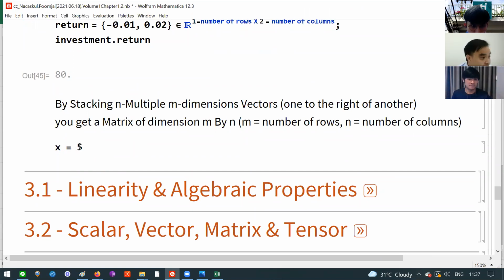If you see a vector, they would use a small character but boldface. If you see a matrix, they would use a capital letter. So for example, A is an array of values A, of dimension 2 by 3.